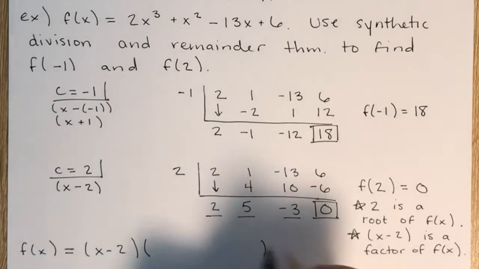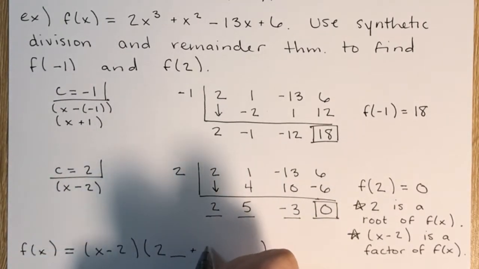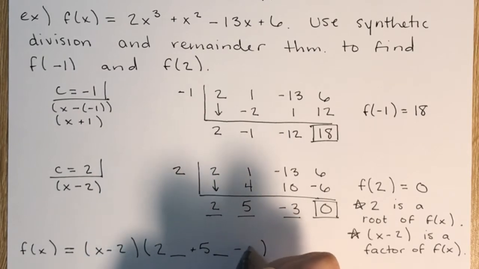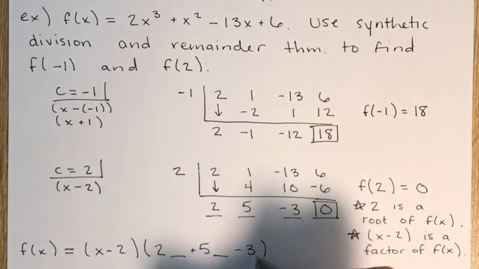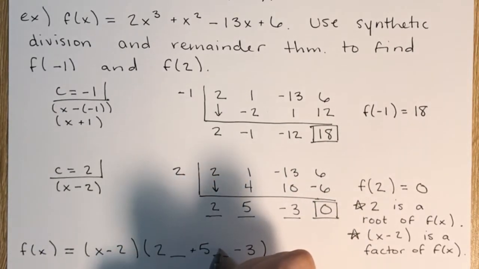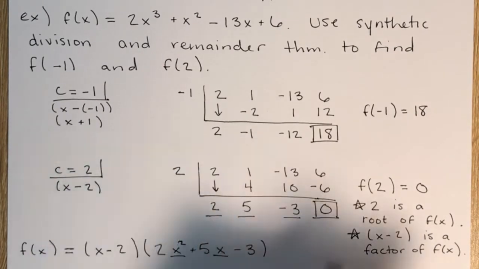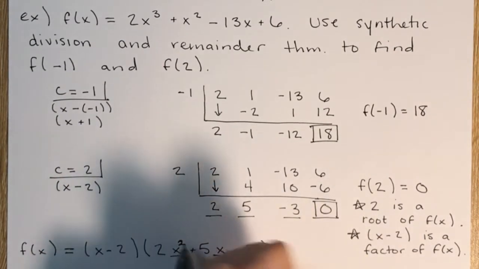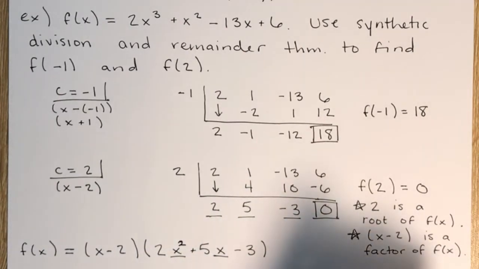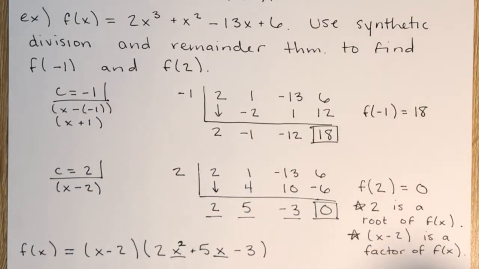So we have 2 something plus 5 something minus 3. Minus 3 is the constant because it's the last one, and then we want to work our way up with exponents from there. So we have regular x and then x squared. Each term has an exponent 1 higher. All right, so we have 2x squared plus 5x minus 3.